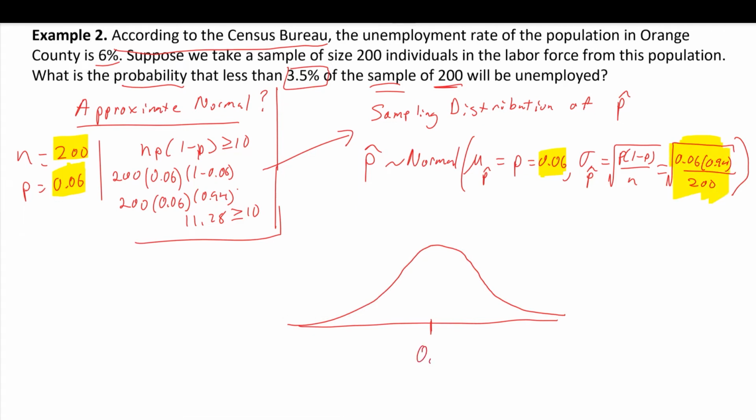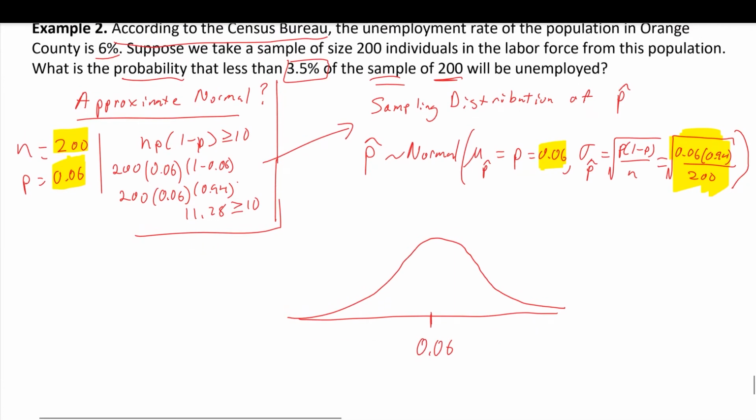So 0.06. And the question here is, what's the probability that it's less than 3.5%? Well, 3.5% as a decimal is 0.035. This is 0.06, and 0.035 should be to the left of this, right? They're saying less than, so that means to the left.